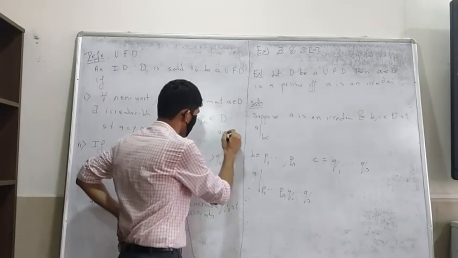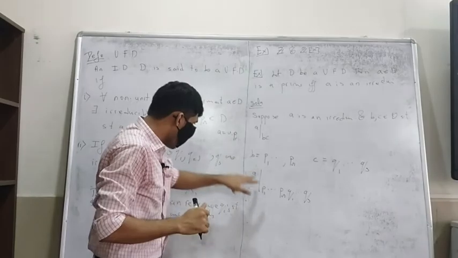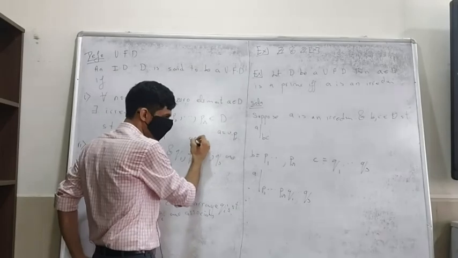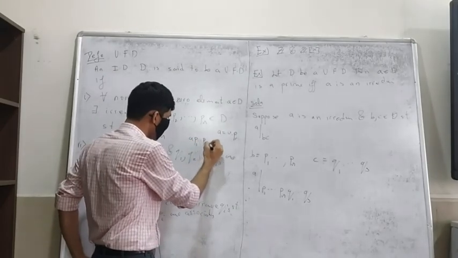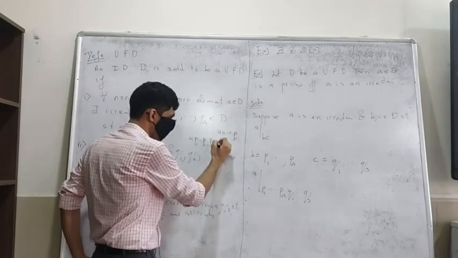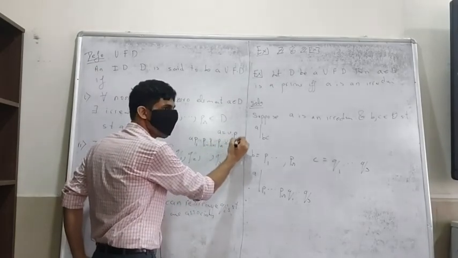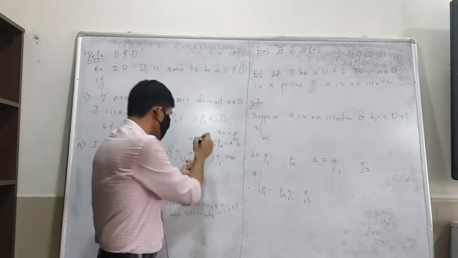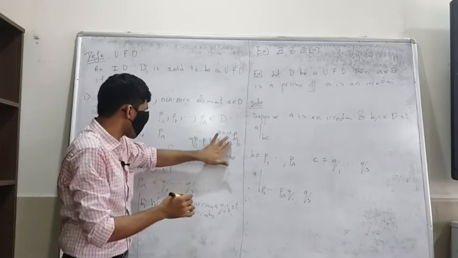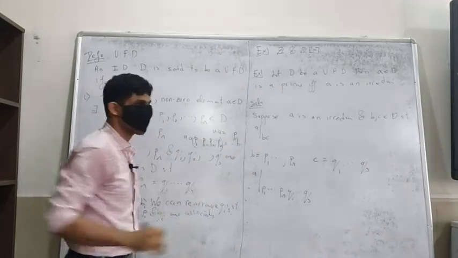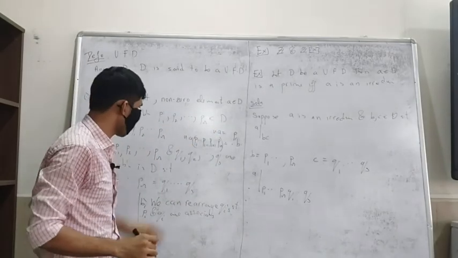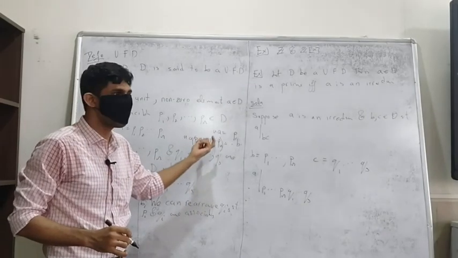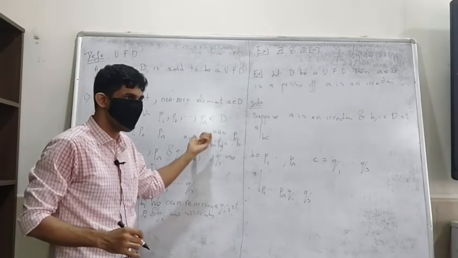Now multiply the rest of the primes here: A times P1, up to Pi minus 1, Pi plus 1, up to Pr, will be U times B, or I could have taken this U to the other side since it's a unit, taking the inverse. So B is A times some element in D, that means A divides B.